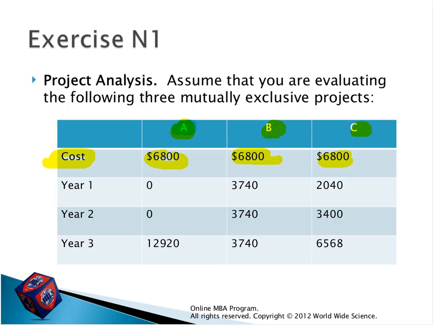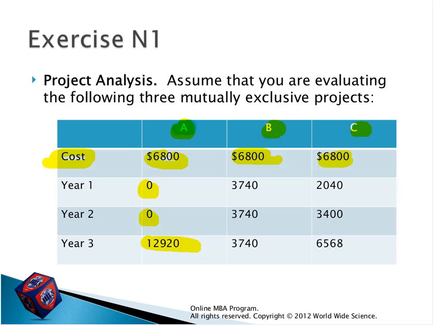But you have different cash inflows over those 3 projects. In the first project, you have no cash inflow in the first year, nor in the second year, and you will receive the profits in the 3rd year only, which is equal to 12,920.